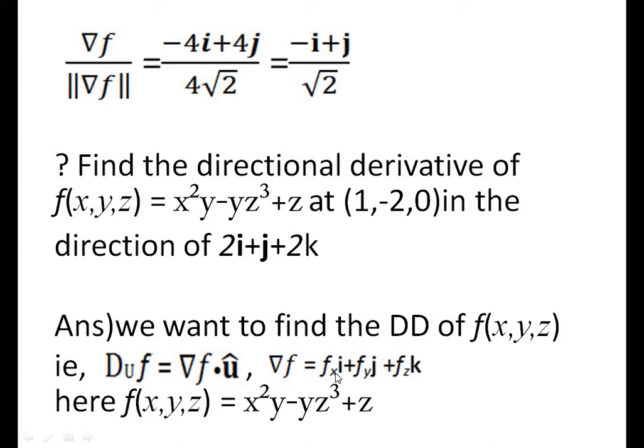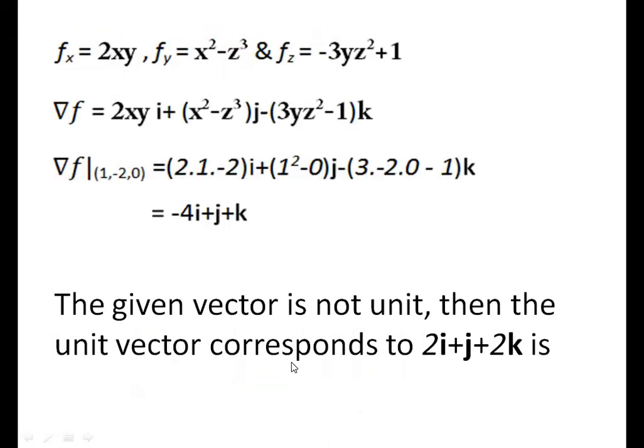Then we want to find f_x, f_y, f_z, then we substitute those values in del f, then we get the value of del f, that is the gradient of that function. That is f_x is equal to 2xy, f_y equal to x squared minus z cubed, and f_z equal to -3y z squared plus 1. Then del f equal to 2xy i cap plus (x squared minus z cubed) j plus (-3y z squared plus 1) k cap.